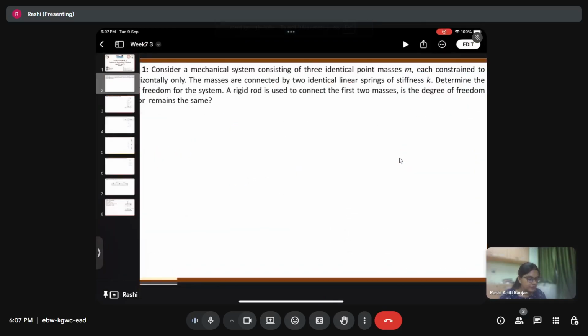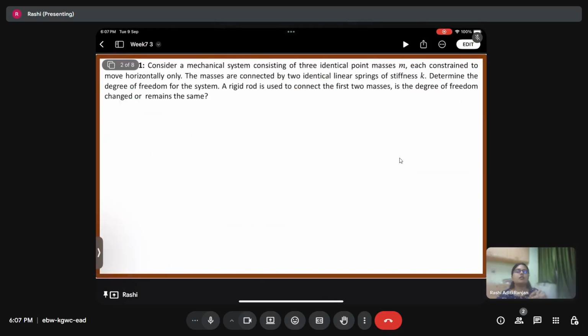First we'll come to the first question, which is more about degrees of freedom. Till now we were discussing systems modeled as 1 degree of freedom systems.